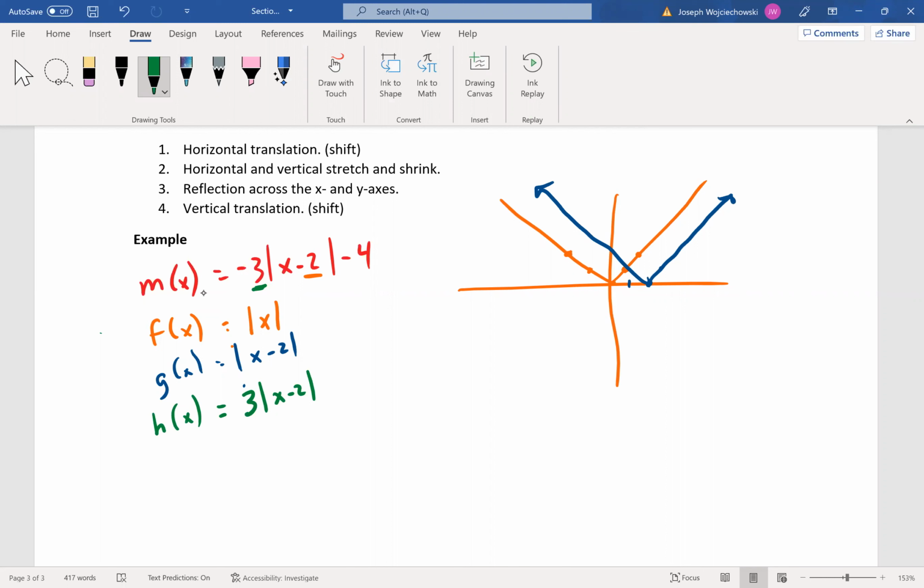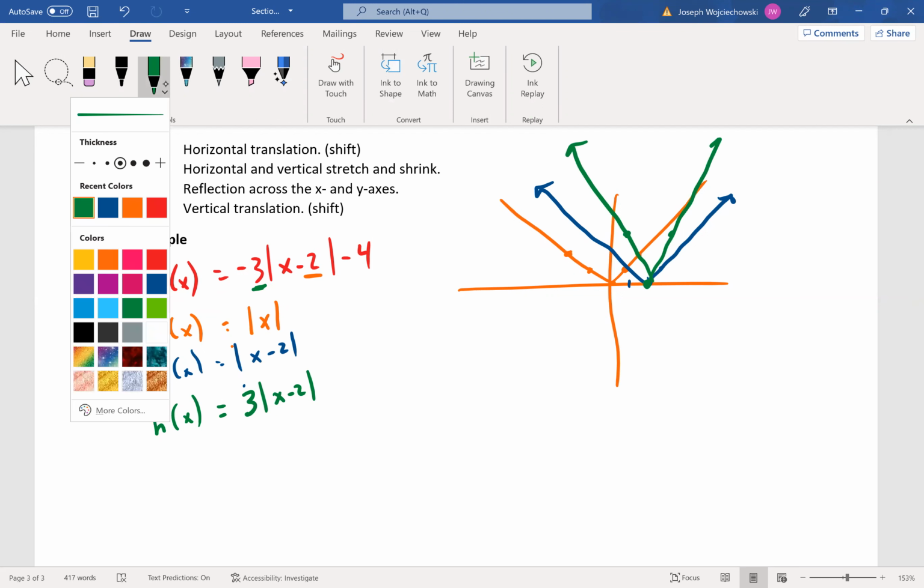So now I have this is the same, and then instead of 1, it's 3. Same here. And this is going to go like this. We're stretching it vertically. Kind of looks the same as shrinking it horizontally, but not necessarily.